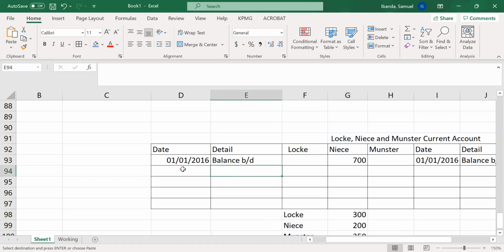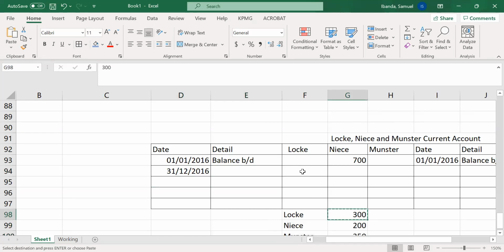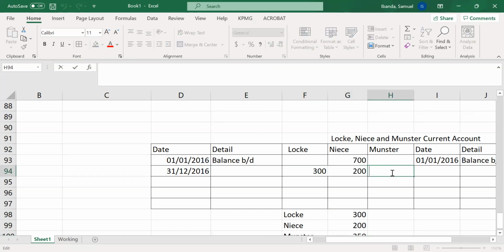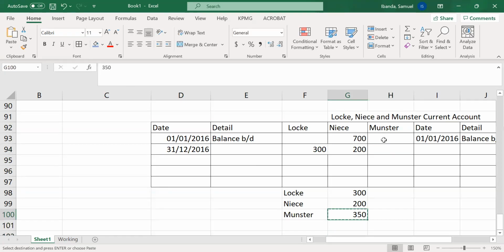You write here, maybe this is 31st of December, 2016. Write 300, you write 200, then you write now.